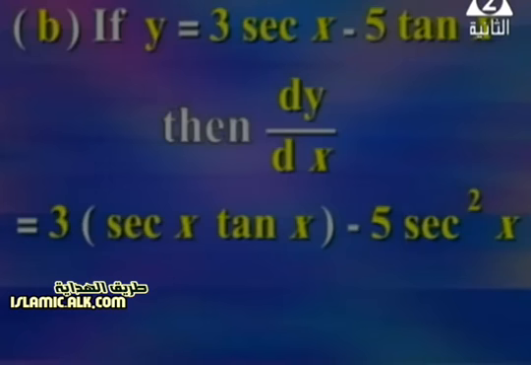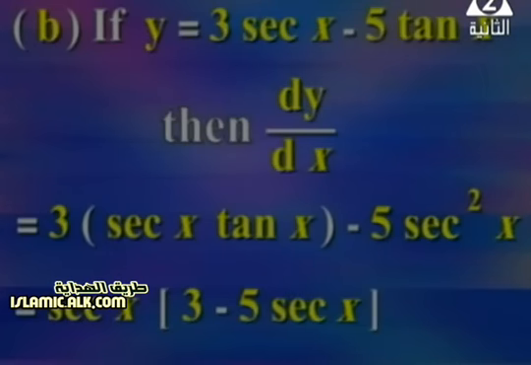Sec x tan x. The differentiation of tan is sec squared. Then dy over dx equals the constant 3 multiplied by sec x tan x, minus 5 sec squared x.